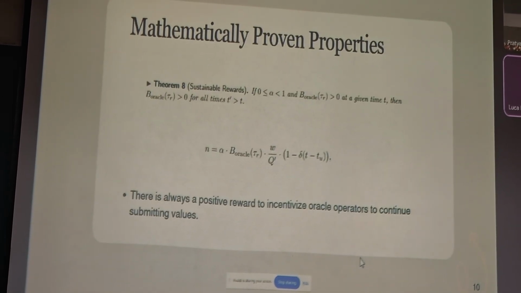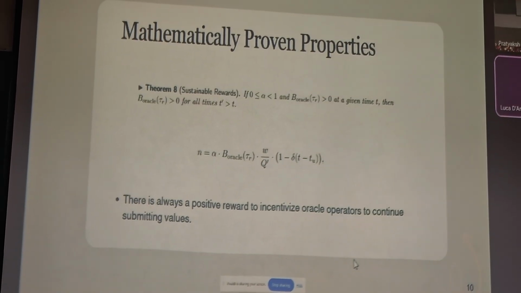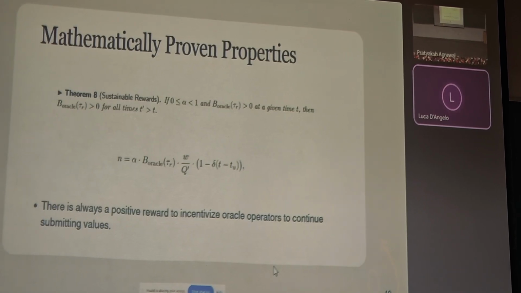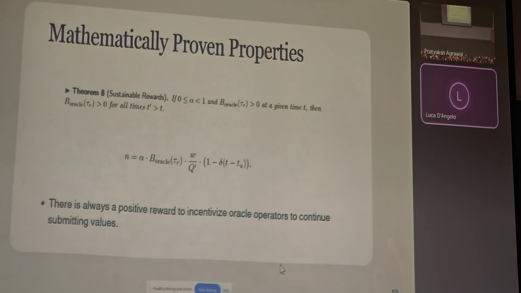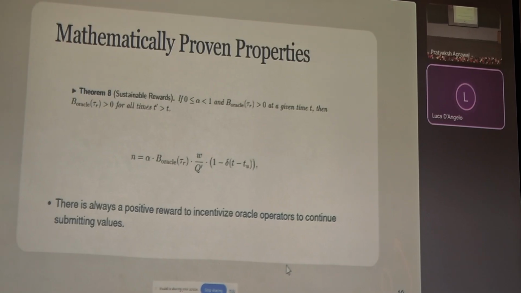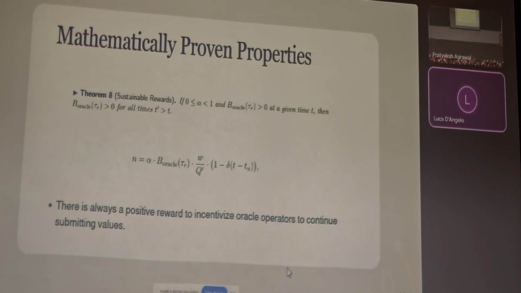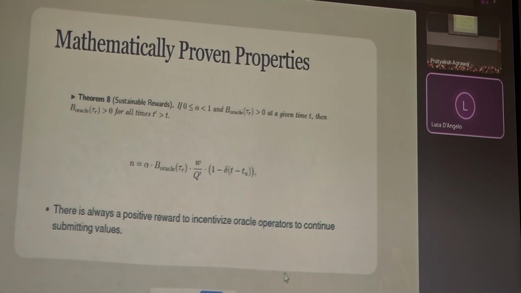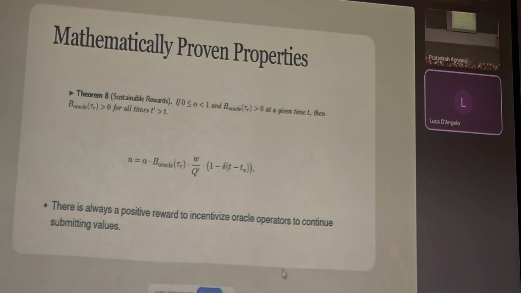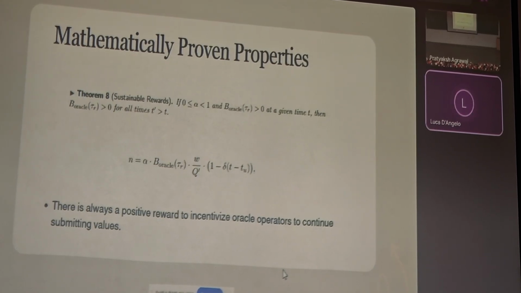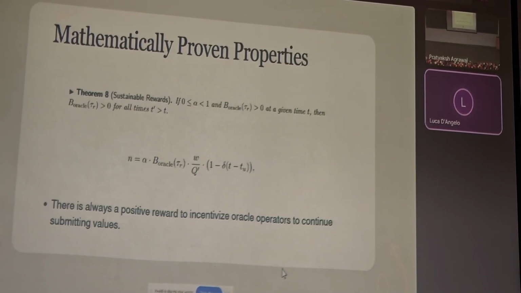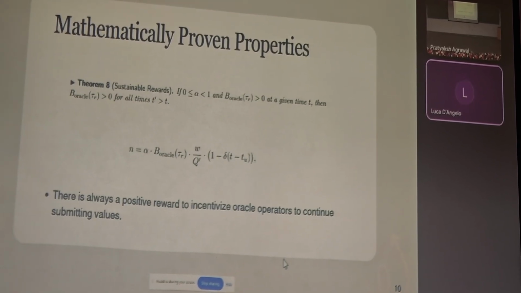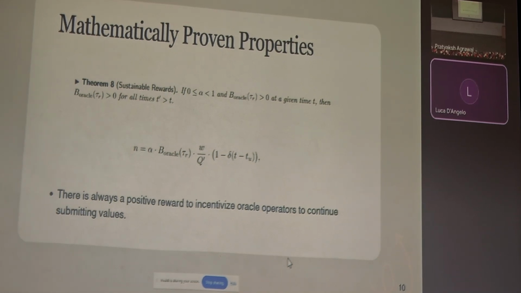And the last theorem is the sustainable rewards property. B sub oracle of tau means the balance of the oracle for a particular token tau. And it says that if it's positive initially, then it's always positive for all future times. This comes from how we define the incentive for the oracle operator.